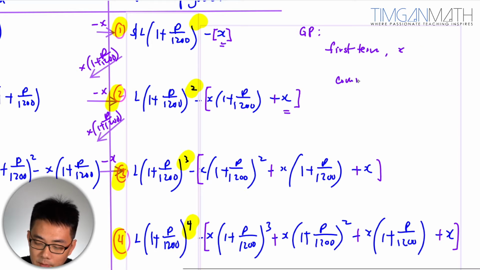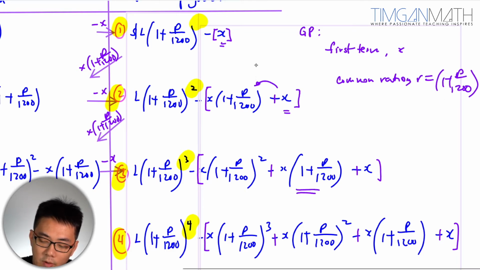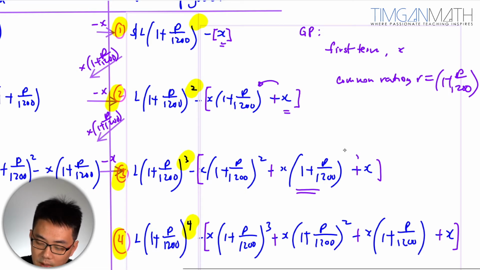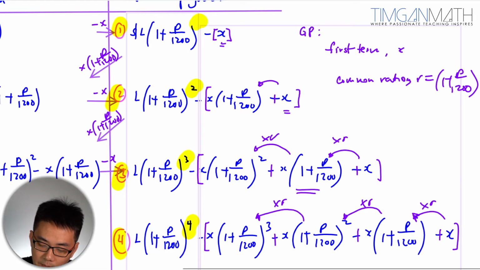Common ratio r is 1 plus p over 1200, because every time you go over, you just multiply by 1 plus p over 1200, right? So every time you just multiply by the same term here. So this is multiplied by r, multiplied by r, multiplied by r, and multiplied by r. Okay, so there you go.